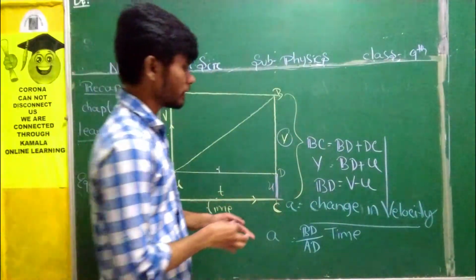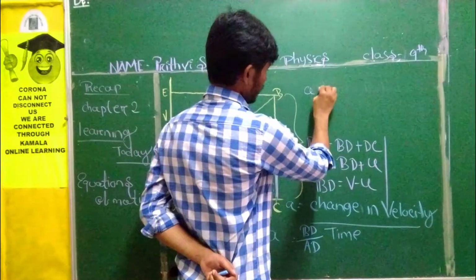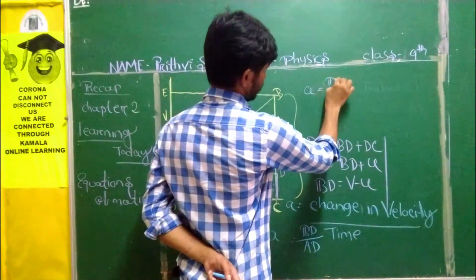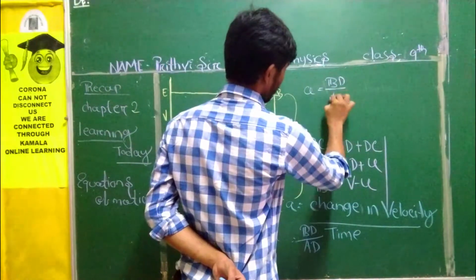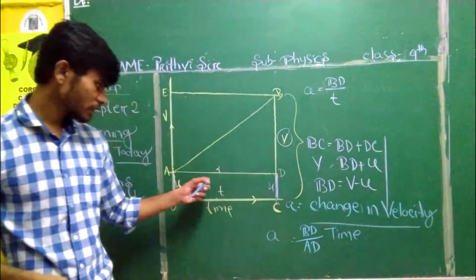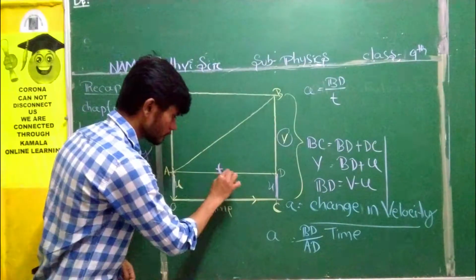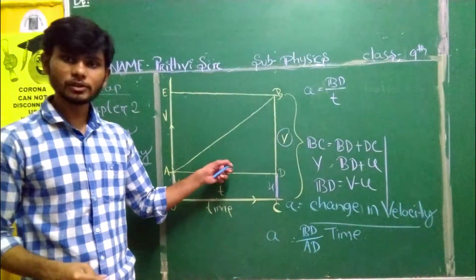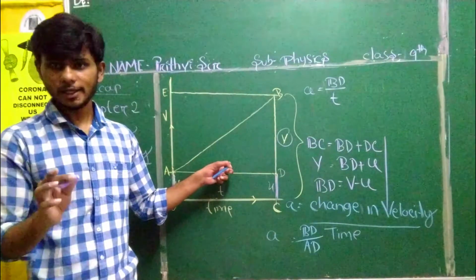From here you can see students, A is equal to BD by T. AD means T, we have placed the value as T. This is T means this is also T. It is a rectangle. Till now you are clear.